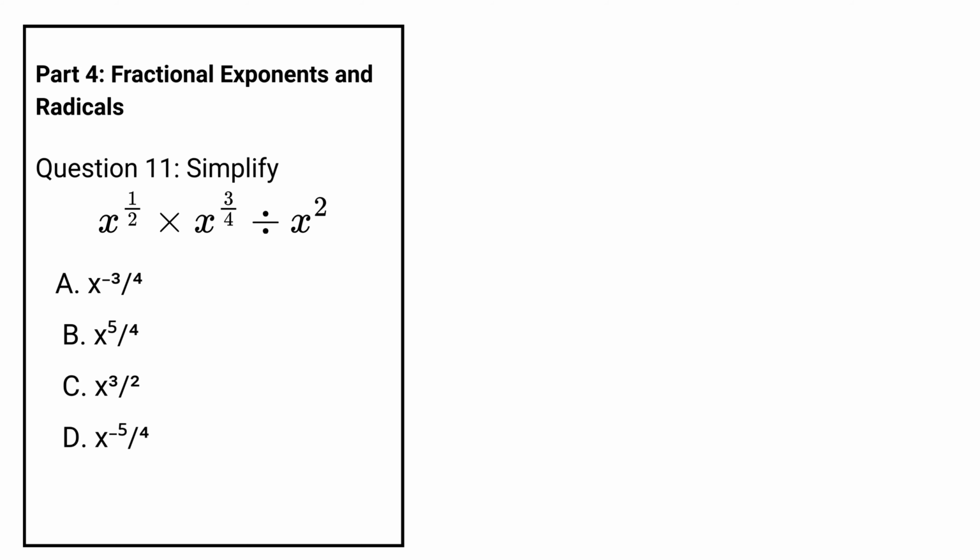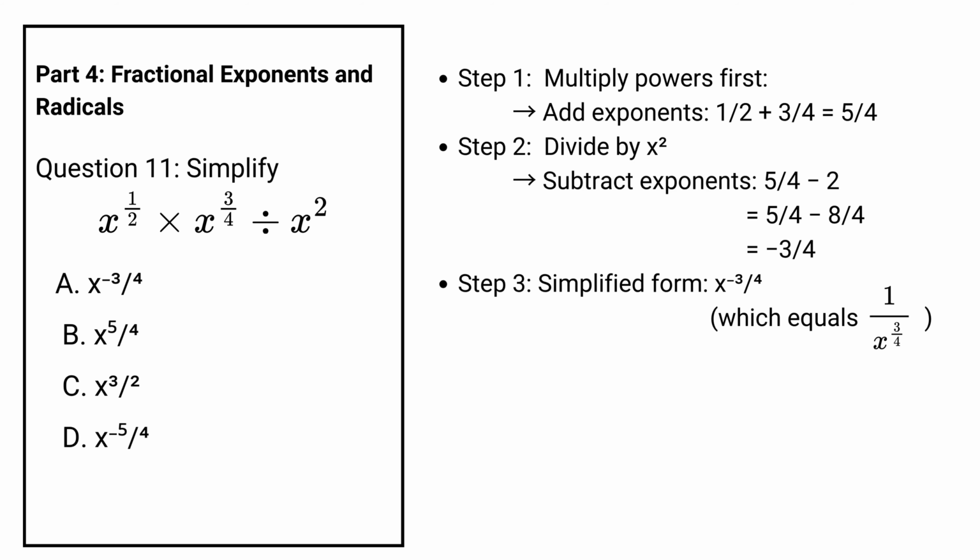Simplify. X to the 1/2 power times x to the 3/4 power divided by x squared. All right, step by step. When multiplying, add exponents. 1/2 plus 3/4 equals 5/4. Then divide by x squared. Now we subtract exponents. 5/4 minus 2 equals negative 3/4.